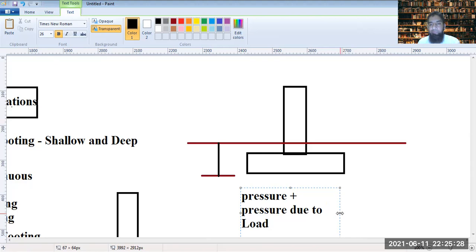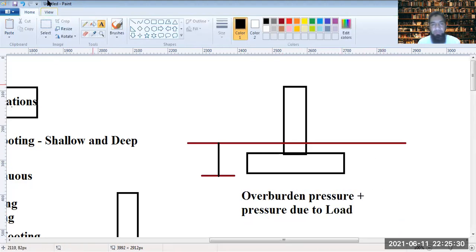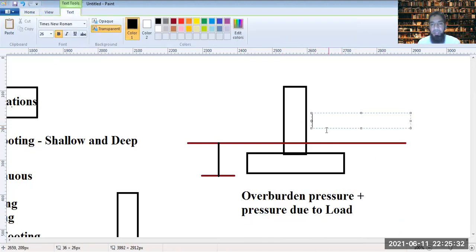So we have two types of pressures. One pressure is due to this load P, divided by A of the footing, that is P plus A. Then you have the other pressure due to the overburden from the soil.